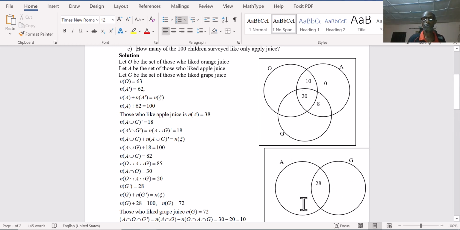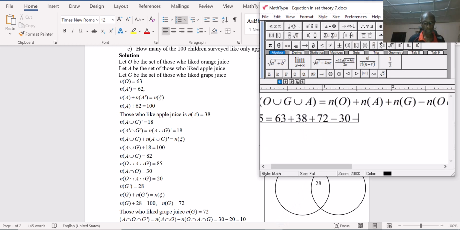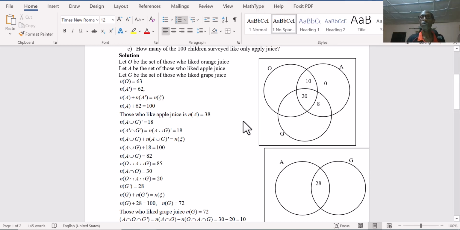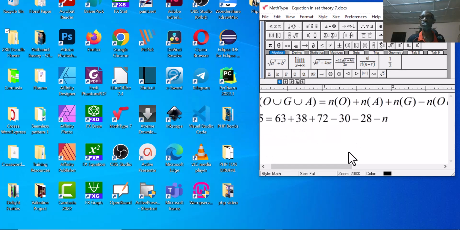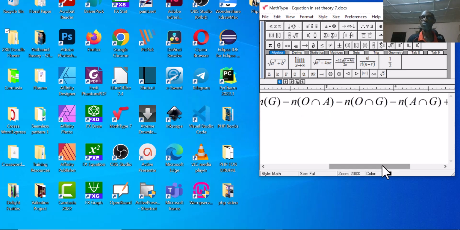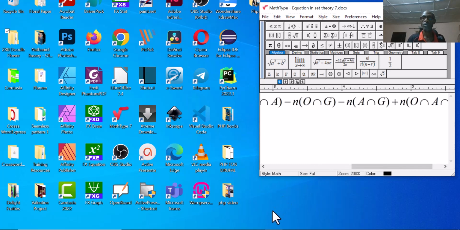So 28 minus, we don't know, wait, so we now have O intersection G, A intersection G. A intersection G is 28.